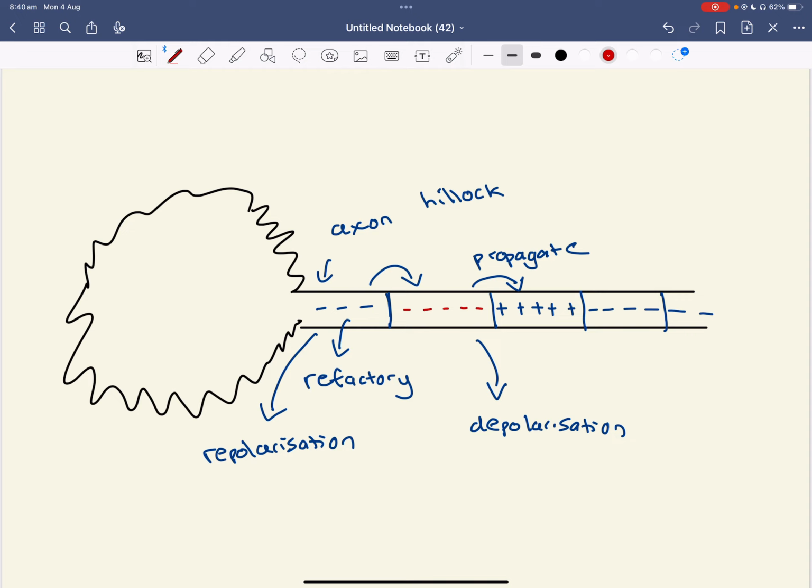During this stage, these areas of the axon are in the refractory period, where sodium channels are closed, so another action potential cannot be stimulated in these areas. But it continues down the axon until it triggers something at the axon terminal or a synapse. This could be neurotransmitters getting released. But that's what happens with an action potential.